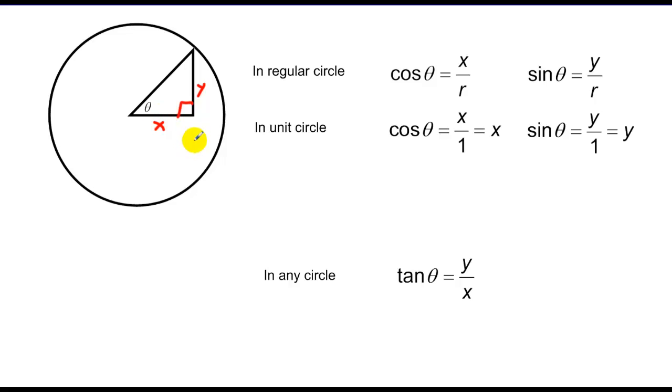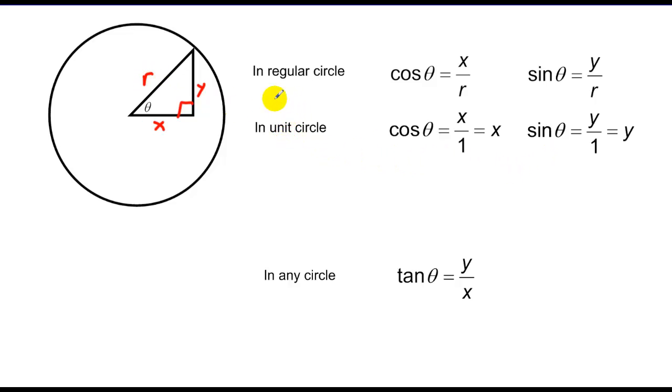in a right triangle. Now in a regular circle, if we wanted to find the cosine of this angle, we'd say that the cosine is equal to the adjacent, or your x value, over the hypotenuse, which is your radius, and the sine would equal the y value over the hypotenuse, or the radius.